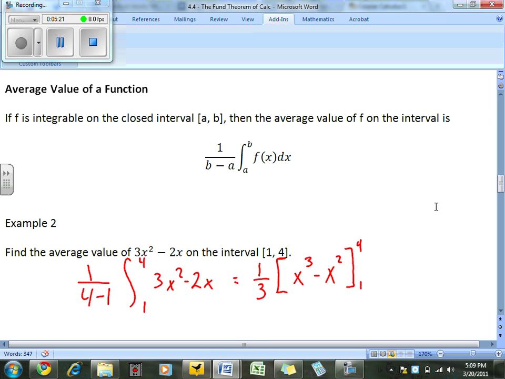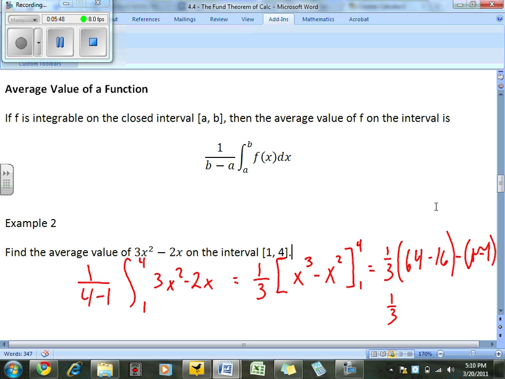So when I plug 4 in there, 4 cubed is going to be 64. So I have 1/3 times 64 minus 16, minus 1 minus 1. So that cancels out. This becomes 0. So 64 minus 16, we're going to have 48.